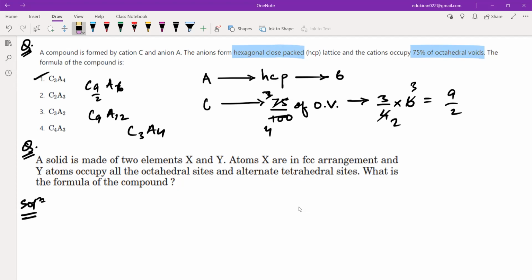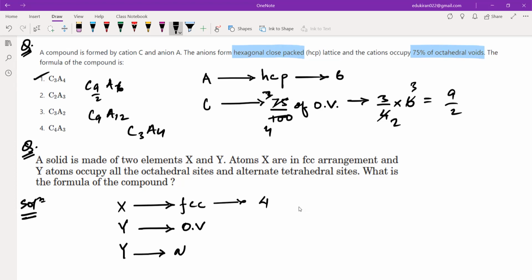X is making FCC, so this will be 4. Y is at octahedral sites, and Y is also at alternate tetrahedral sites.